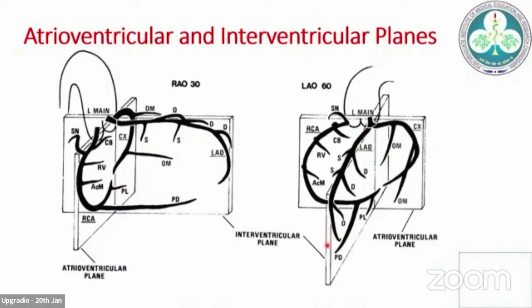The posterior part of the interventricular septum is supplied by the PD branch, which can be from the right coronary artery in, let's say, 85% of cases, and in 15% of cases it's from the left circumflex. And therefore, one refers to right dominant versus left dominant, depending on the origin of the PD.